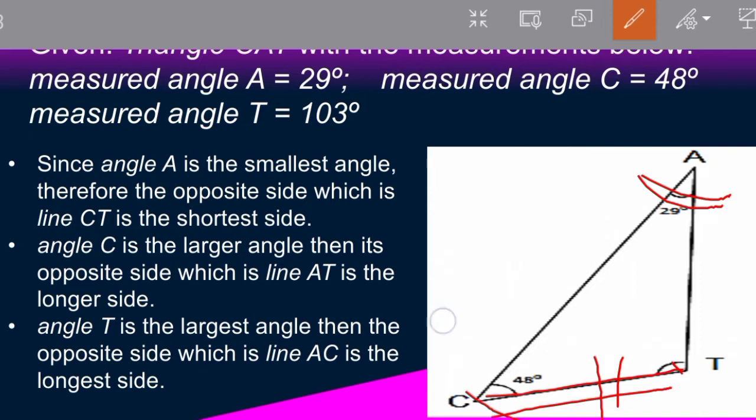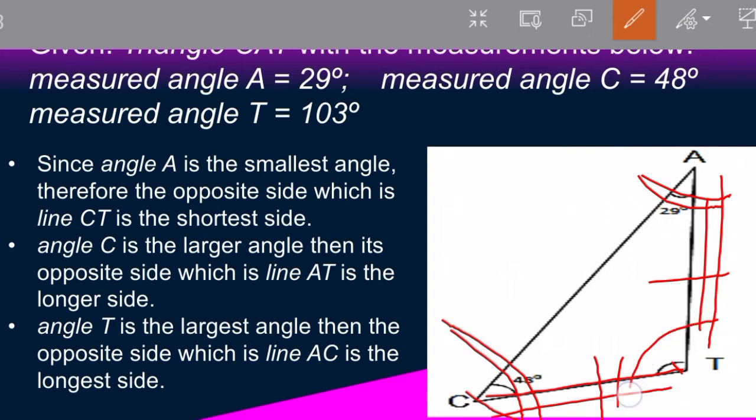While angle C is the larger angle, then its opposite side, line AT, is the longer side.